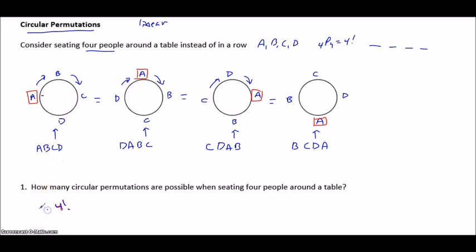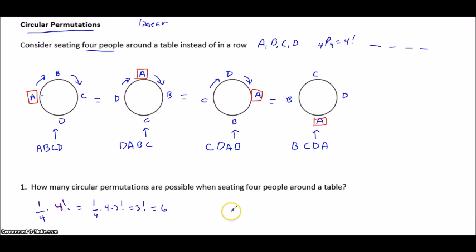The way we undo that with circular permutations is to divide by 4, or multiply by 1/4. So for every 4 like this, we consider them one and the same. We can simplify this as 1/4 times 4 times 3 factorial, which simplifies down to 3 factorial, which equals 6.